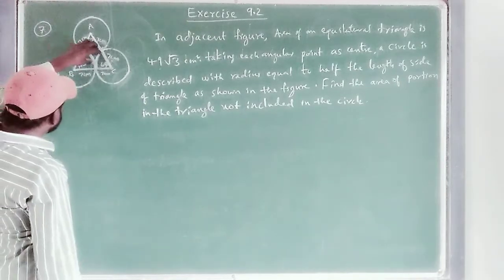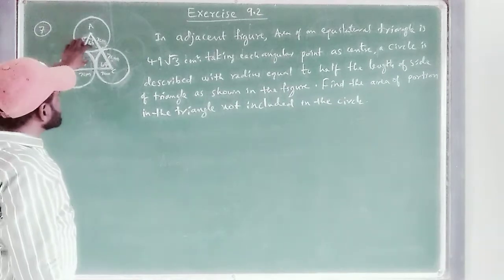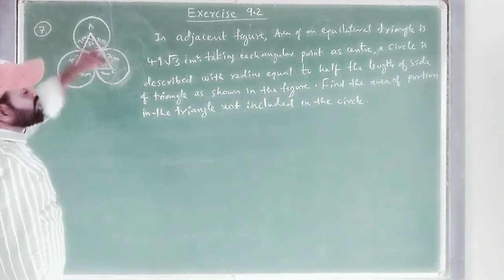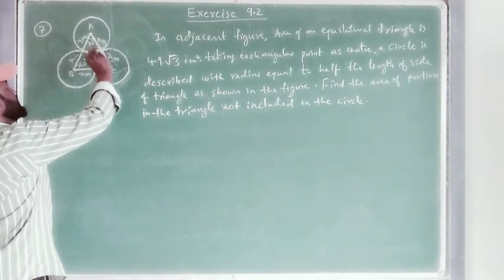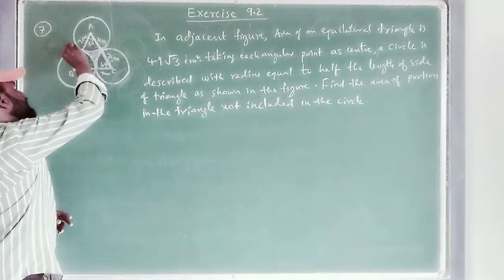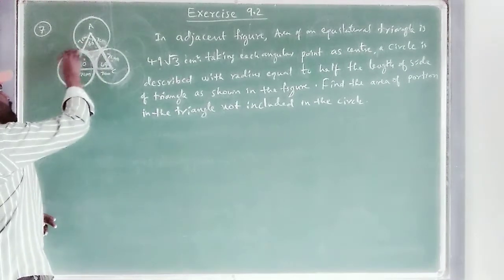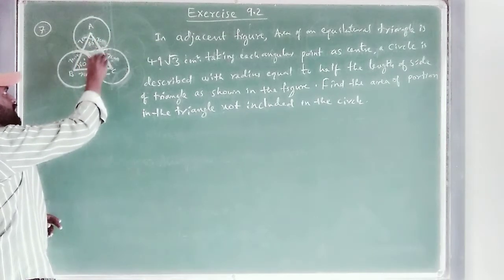If you remove them from the triangle, the remaining portion is not in the circles but is in the triangle. The circle is ending up to here like this. This portion is circle portion, this portion is circle portion, this portion is circle portion.